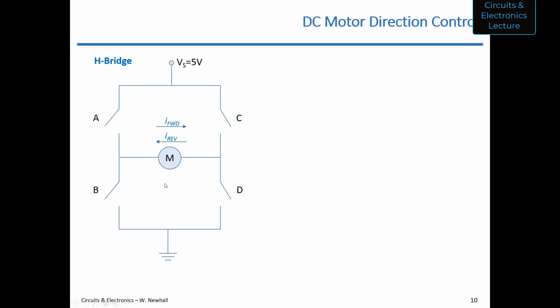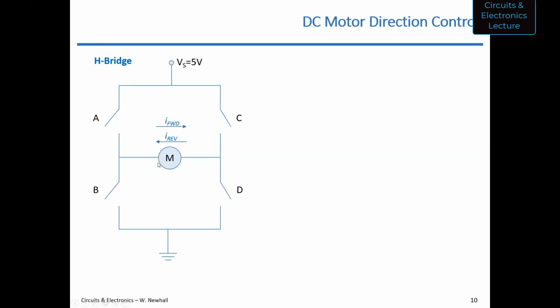So here I have a motor in the center surrounded by switches. There's a 5-volt node at the top provided by a power supply, and ground is at the bottom. So current is trying to flow from top to bottom in this diagram here, and the switches are either allowing the current to flow or stopping the current.